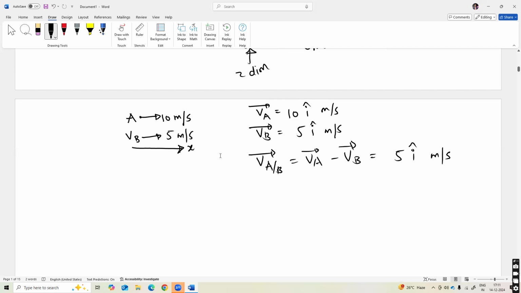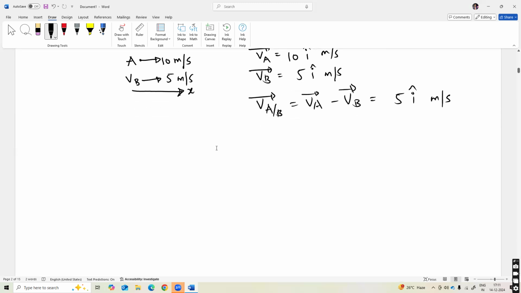So now let's move into 2 dimensions. Let's say this is x and this is y. Now let's say A is moving at an angle.